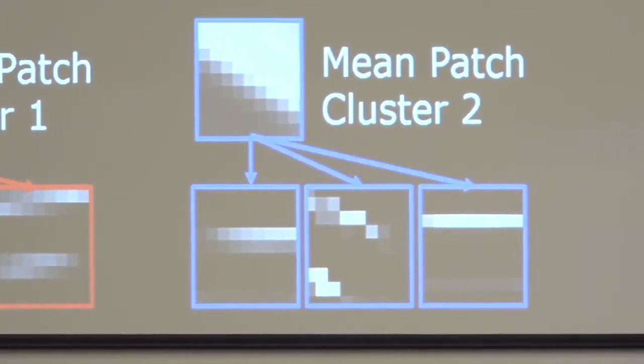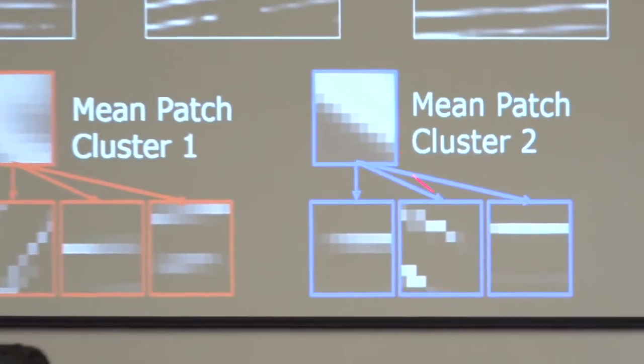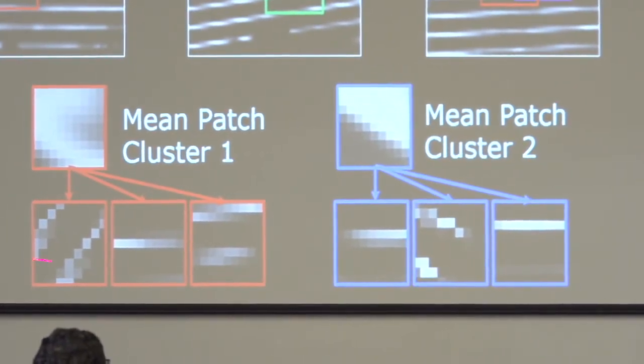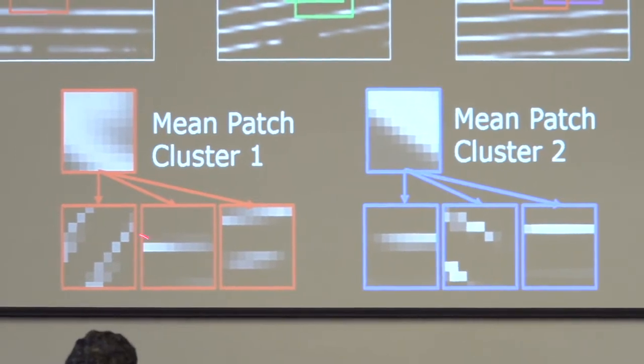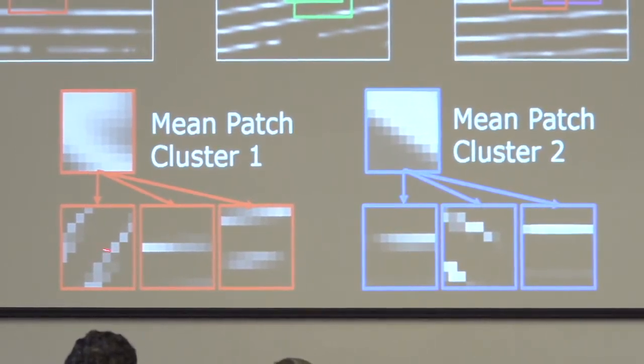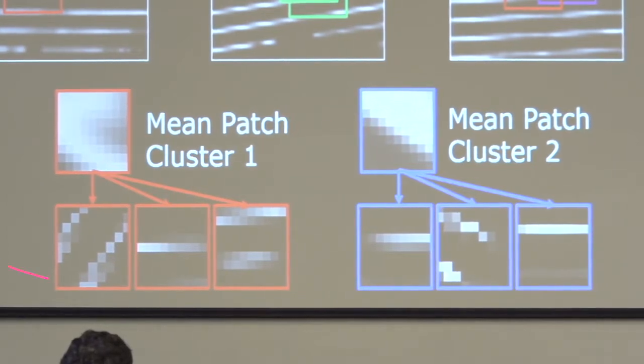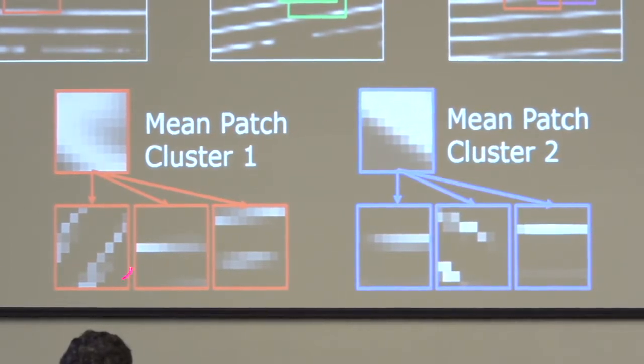Well, if I have the dense means, then if I look, for example, at this patch, let me give you a better example. If I look at this patch, it's much more likely to come from this cluster than from this cluster. Because if it came from this cluster, it would have much darker pixels here than here.